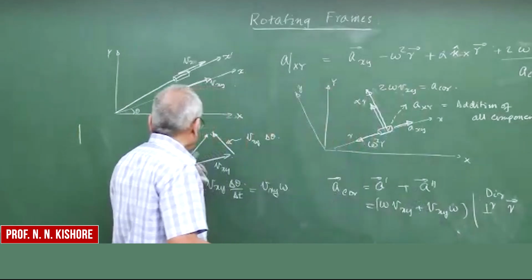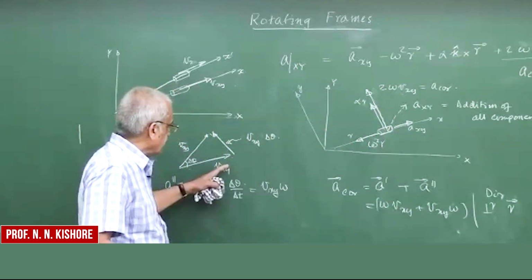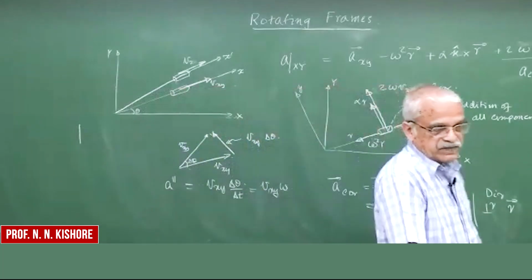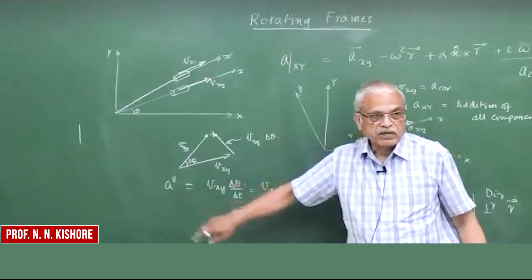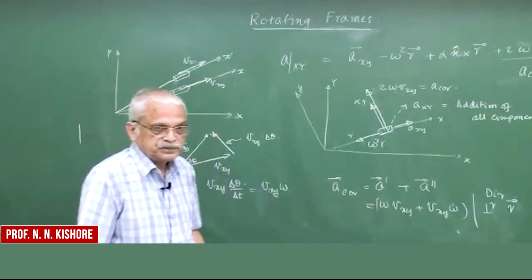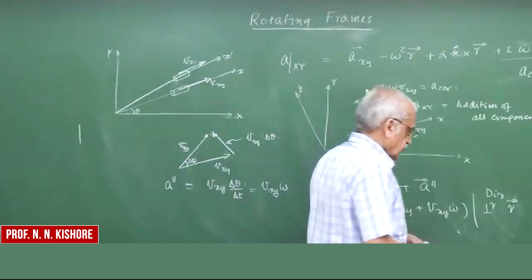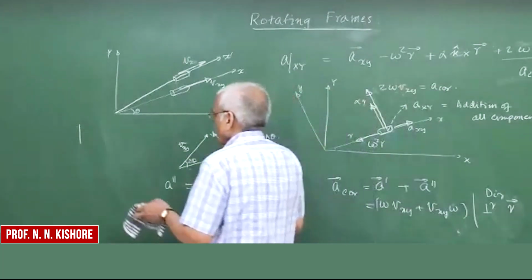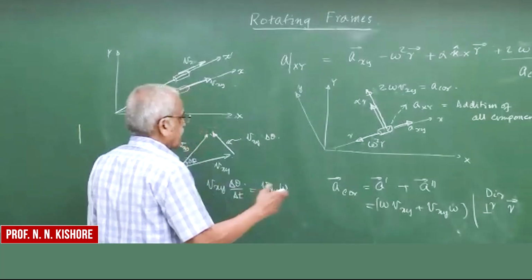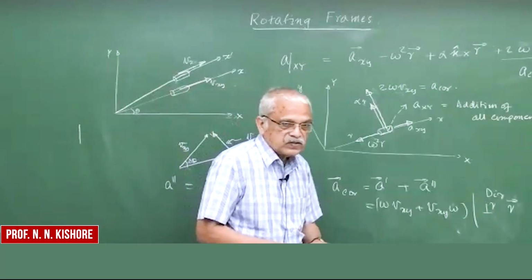On the other hand, the sliding velocity V has also changed its direction, which gave one component, A double prime. So these are the two things, and that's how the Coriolis component has come, because all other components are very easy to understand.